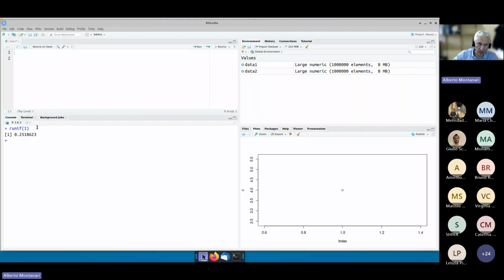If I make it again, arrow up to get the last instruction, you see other random numbers. If you want to specify a different range, you can put 0, 2. And you see now the range is 0, 2. It's generation of a random number. Are you following me? Do you have any question?